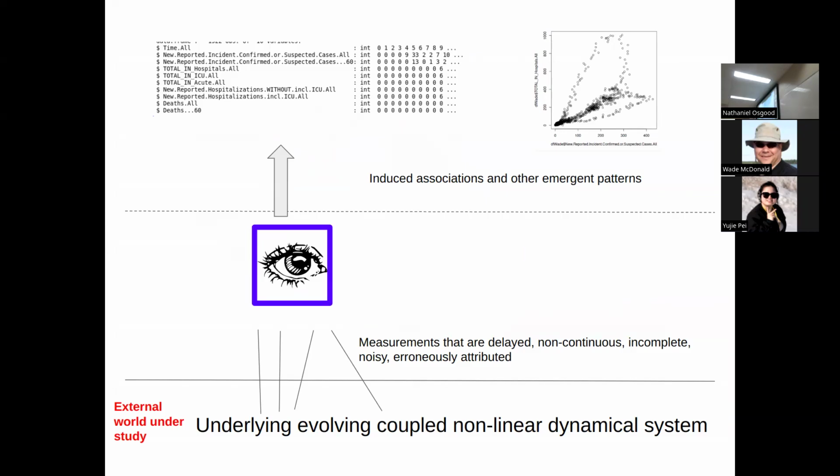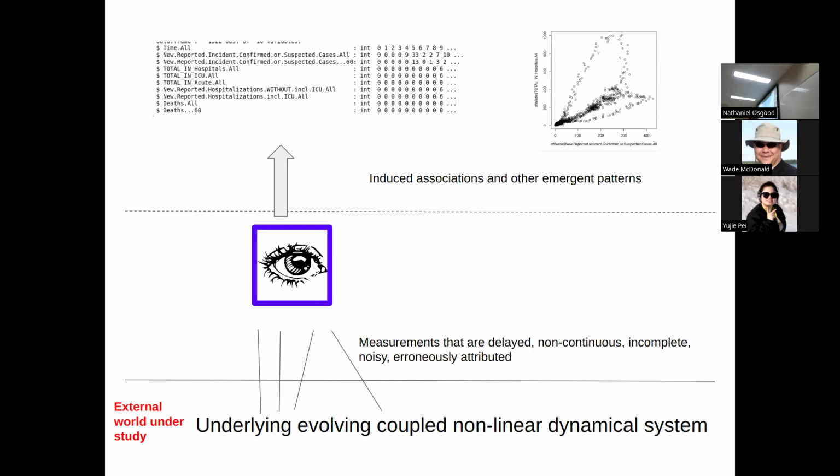Or maybe we have some information about the snowshoe hare populations for certain years from the markets and the paw. Or maybe we have data from a hospital on the number of people in the ICU and the number of people in the wards, but we don't have admissions, we don't have number of deaths, we don't have number of transfers from the general wards, the ICU, or what have you.